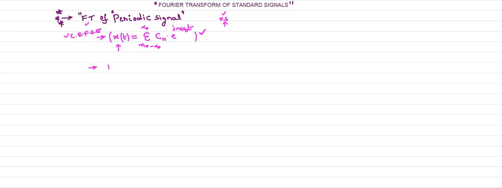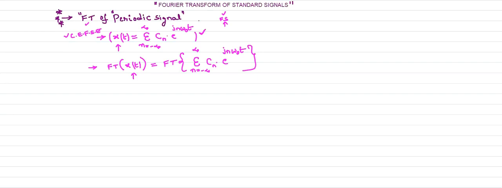So if we apply the Fourier transform on both sides, the Fourier transform of x of t, where x of t is a periodic signal with period T, first we should know the representation of the periodic signal x of t in terms of the complex exponential signals: sigma n equal to minus infinity to plus infinity Cn e power j n omega naught t.